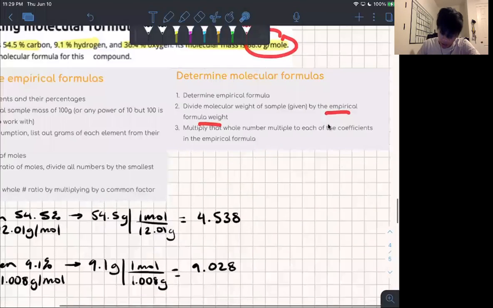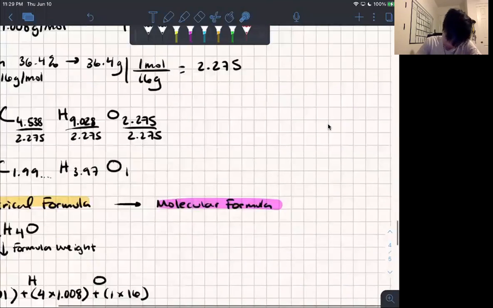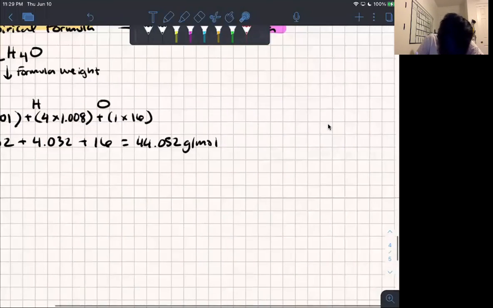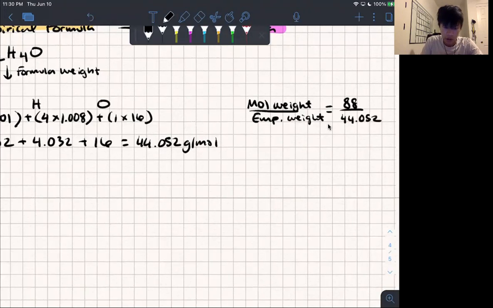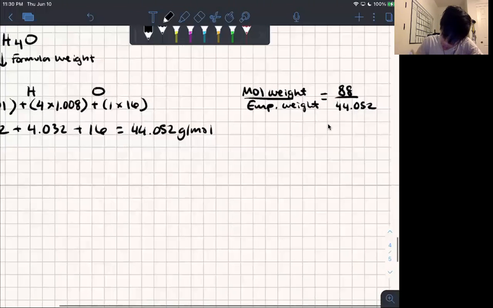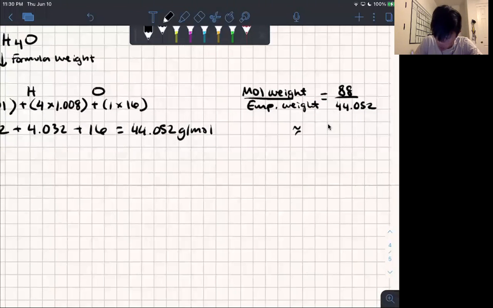So this is 88 grams. 88 divided by 44.052 is about 1.998, so that's about 2.